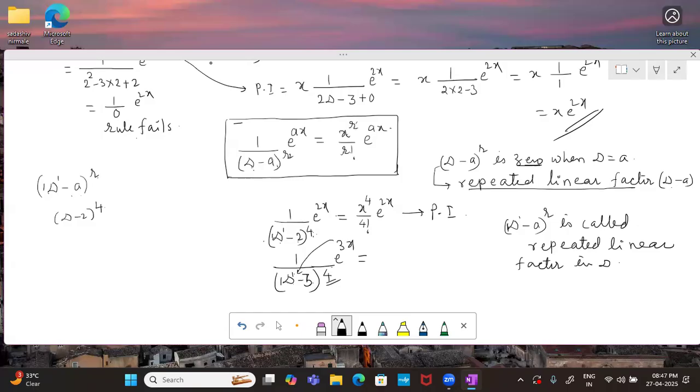It is a 4 times repeated linear factor. The answer will be x raised to 4 upon 4 factorial e raised to 3x. That is the result. So this is the way to apply this formula. Very useful formula for finding the PI. Clear?